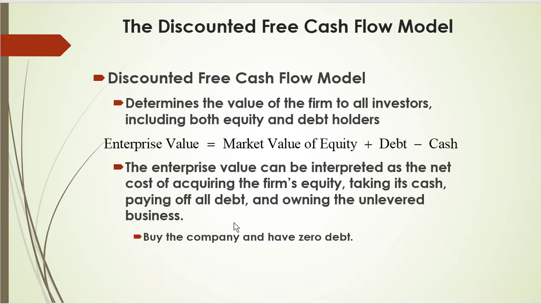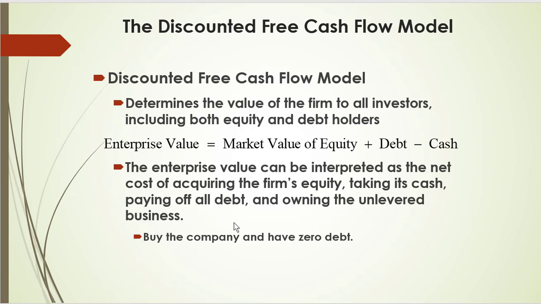So another way to look at a company would be to look at its free cash flows. So let's think about some definitions and terminology before we get right down to the nitty-gritty here. The free cash flow of a company, right, is based on a concept that's referred to as enterprise value.